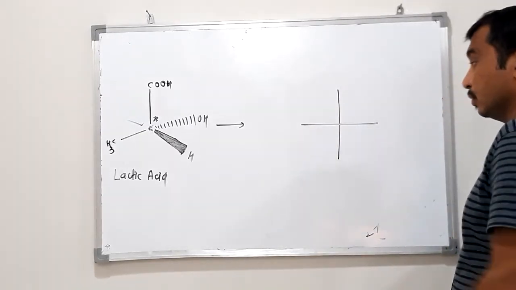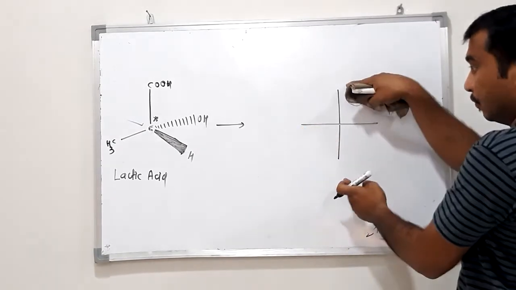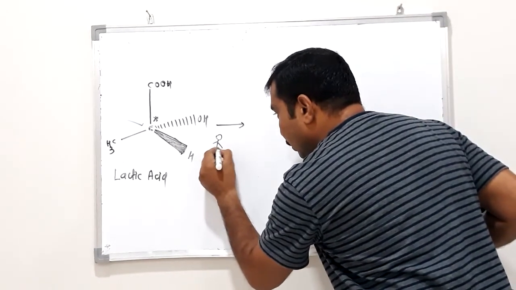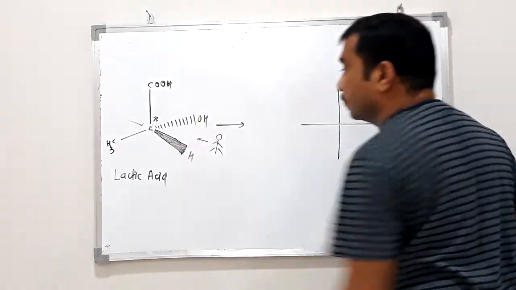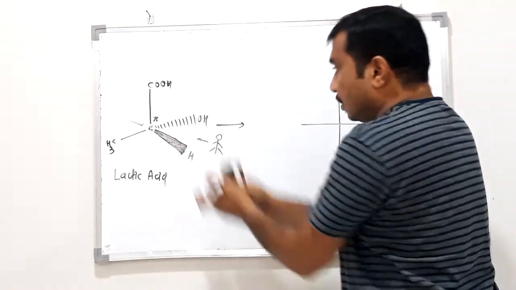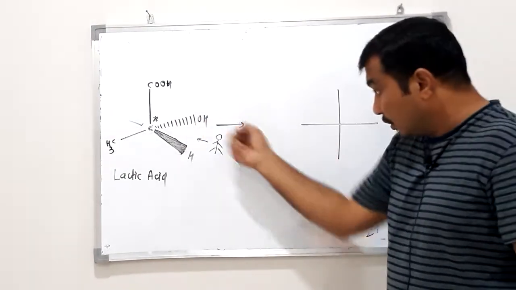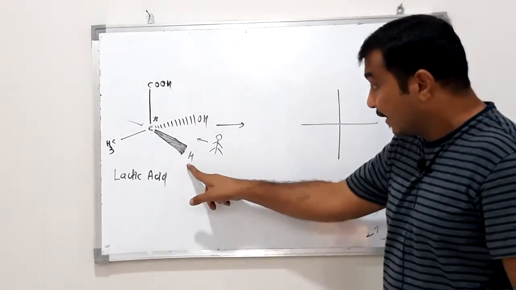Then what we have to do? Horizontal bond, vertical bond. We observe this molecule from this side. Then which substituents are moving toward the observer, out of plane? That is hydrogen and OH.